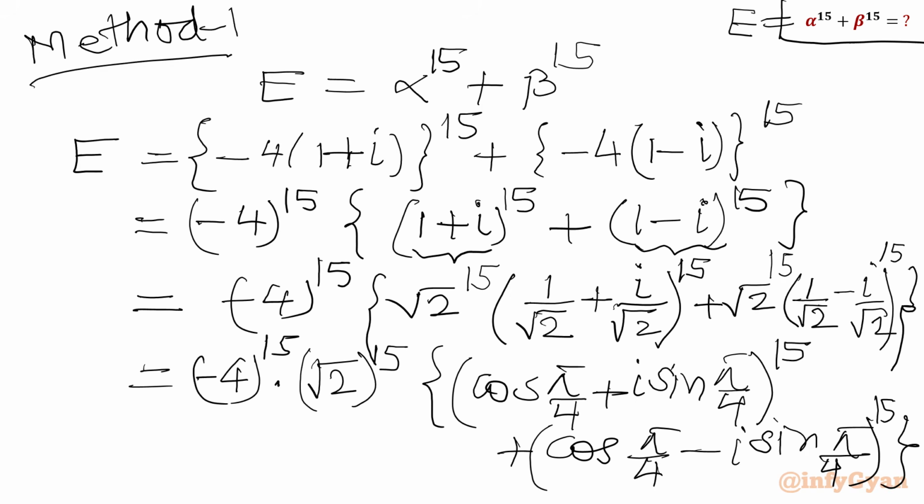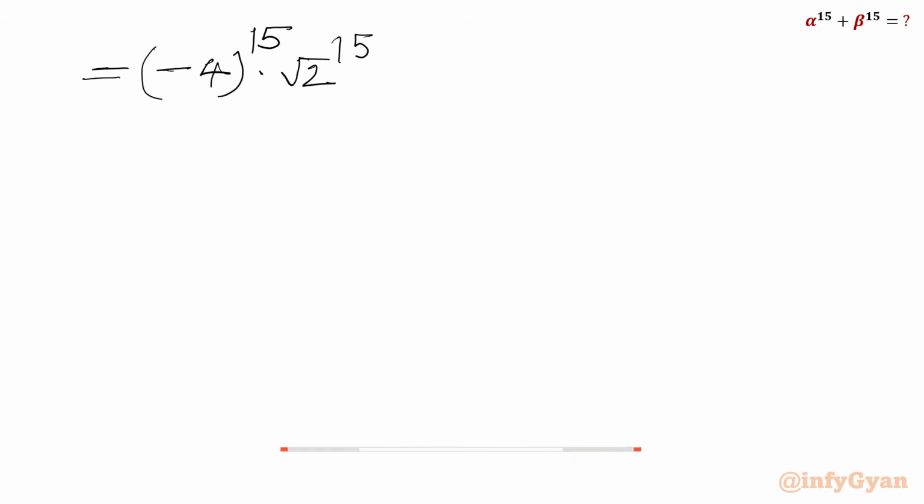Now we will use De Moivre's theorem. So I can write here minus 4 whole power 15 times root 2 whole power 15 times, here we will apply De Moivre's theorem, so we can multiply the exponent 15 in the phase of cos and sine.